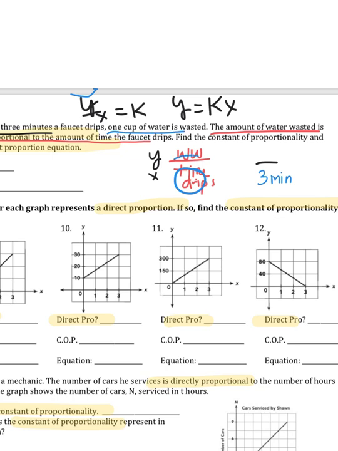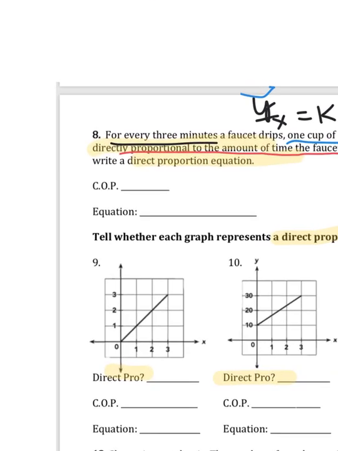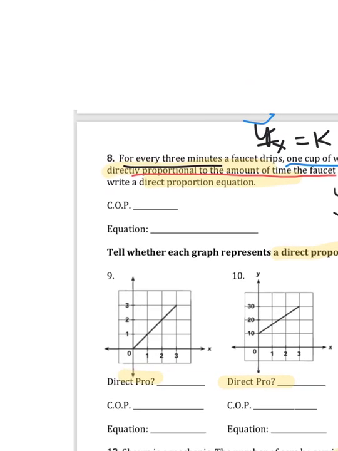Water wasted goes on top, 1 cup. And that's going to equal the constant. And look at it, it's a fraction. So I'm just going to leave it as a fraction. That's okay. It's a reduced fraction too, so that makes it easy on us.